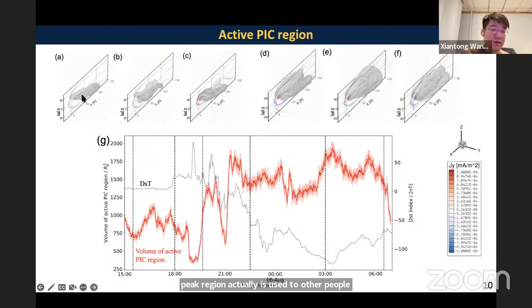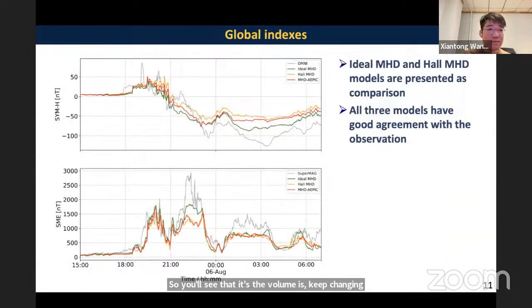At the beginning, it's tilted with the current sheet, and it can also capture the kink motion or shape of the current sheet. When the main phase starts, you can see it expanding and capturing more regions of interest in the magnetotail. Here we plotted the volume of the active PIC region with reference to the Dst, and you'll see that the volume keeps changing during the simulation.